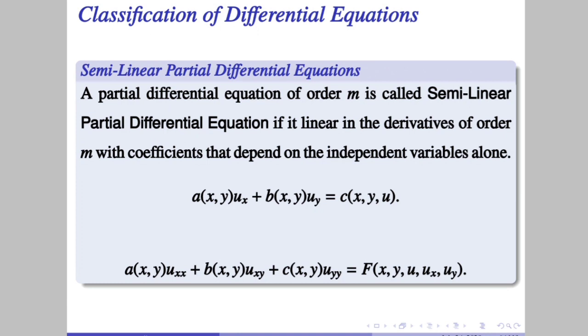In the second order, the next example is a(x,y) uxx plus b(x,y) uxy plus c(x,y) uyy equals f(x,y,u,ux,uy). Here the highest derivative is 2, that means a second order equation. So the coefficient of uxx, a(x,y), depends only on x and y.